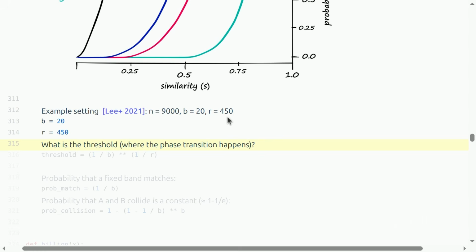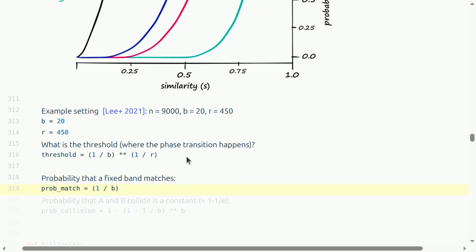And in general, the phase transition happens at a threshold, which is (1/B) raised to the power of 1/R. So if you want to filter based on Jaccard greater than 0.9, then you basically have to set B and R such that this is 0.9. And then by changing B and R, you can make that phase transition sharper.